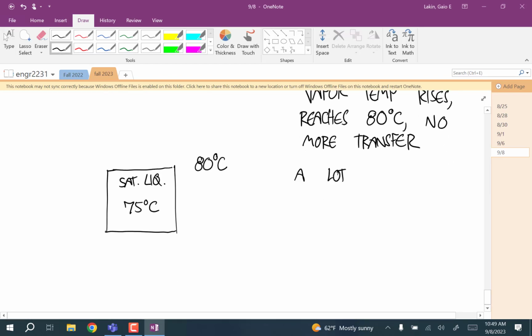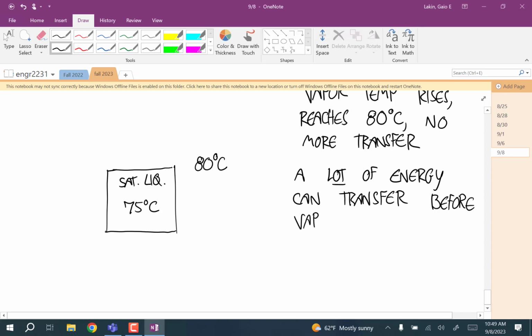So a lot of energy can transfer here before the vapor temperature rises. The amount you can put in is the entire latent heat.